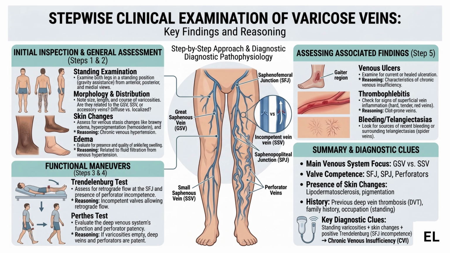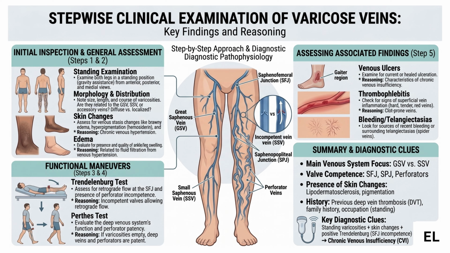To summarize, the clinical examination of varicose veins is a structured and systematic process beginning with standing inspection, followed by assessment of vein distribution, skin changes, edema, and functional maneuvers such as the Trendelenburg and Perthes tests. The examination aims to identify venous reflux, valve incompetence, deep venous patency, and complications of chronic venous hypertension.